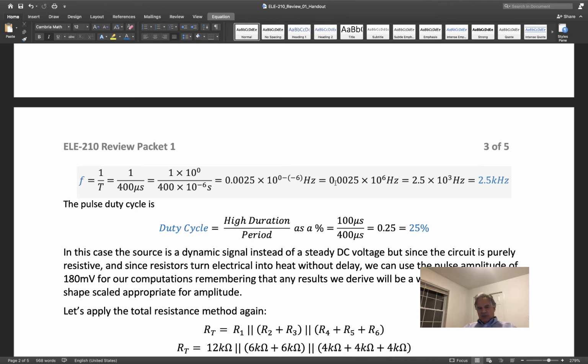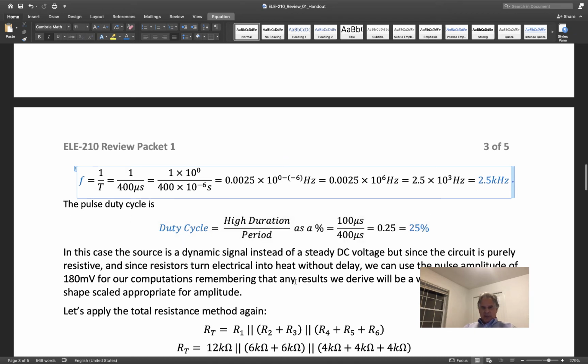If I move this decimal point over 1, 2, 3, I make this number bigger by 3 decimal places. I have 2.5, and I take this 10 to the 6th and I shrink it by 3 decimal places, and it becomes 10 to the 3rd, 2.5 times 10 to the 3rd hertz, or 2.5 kilohertz.